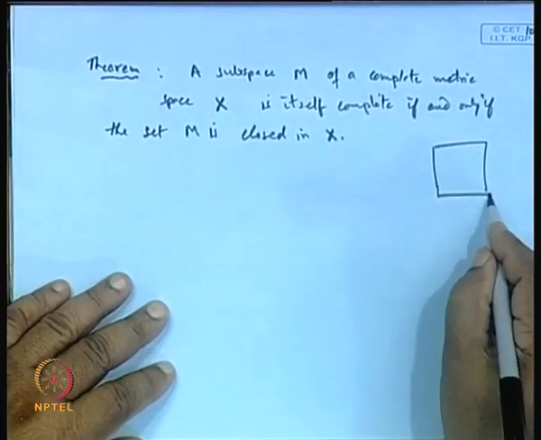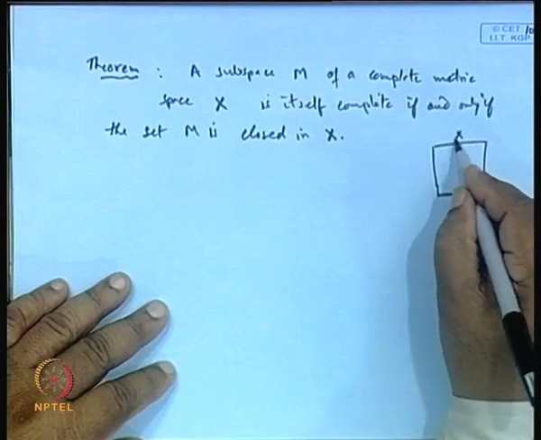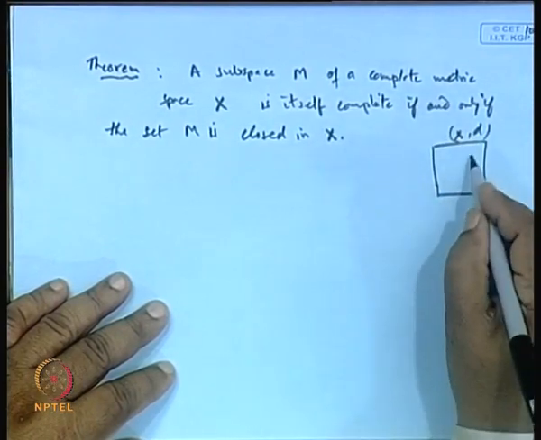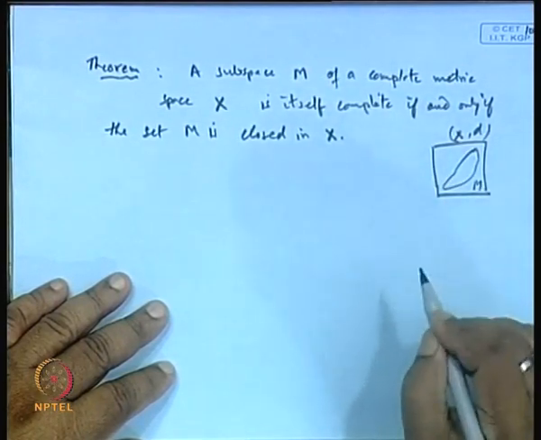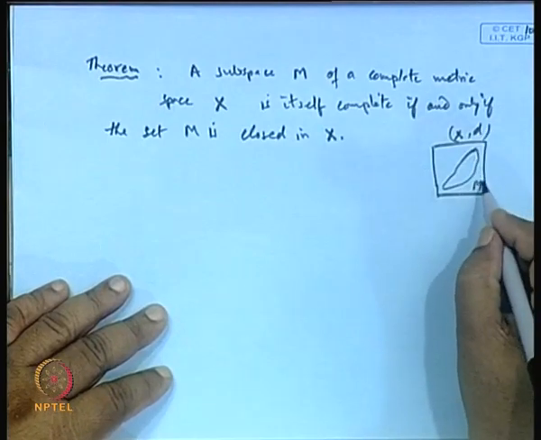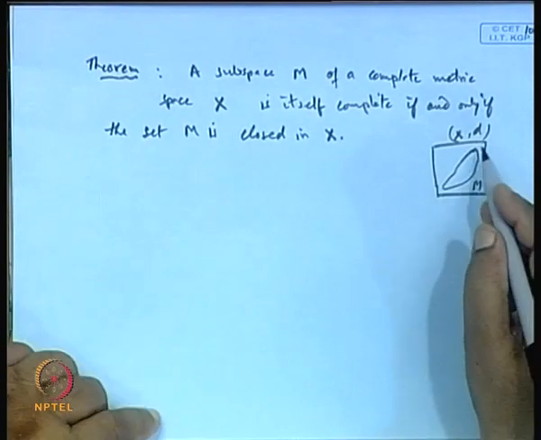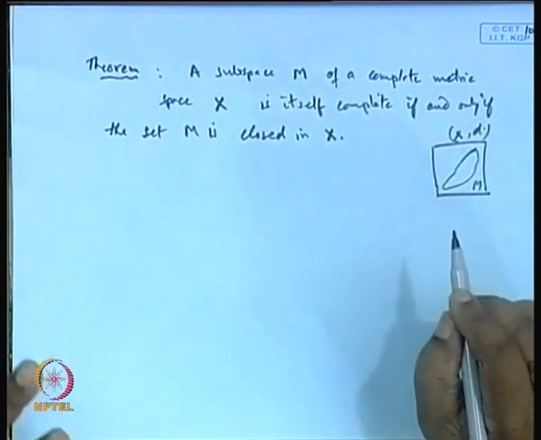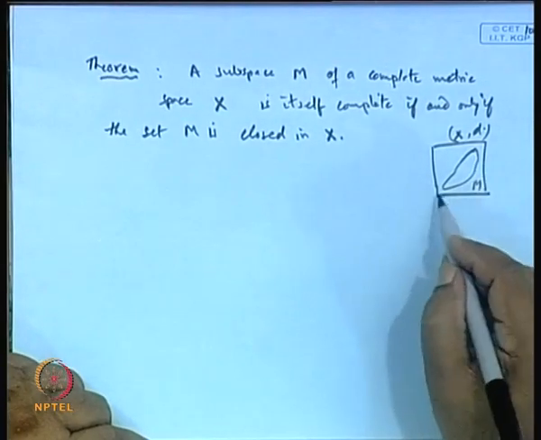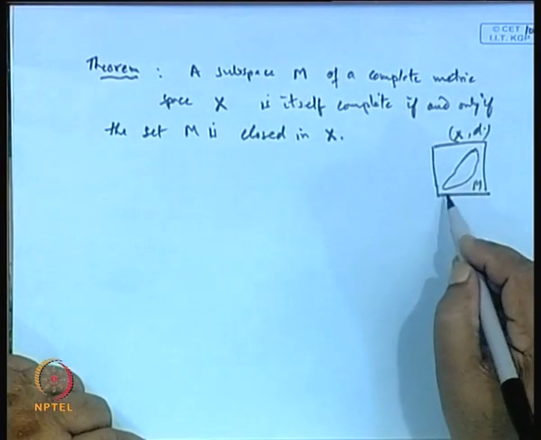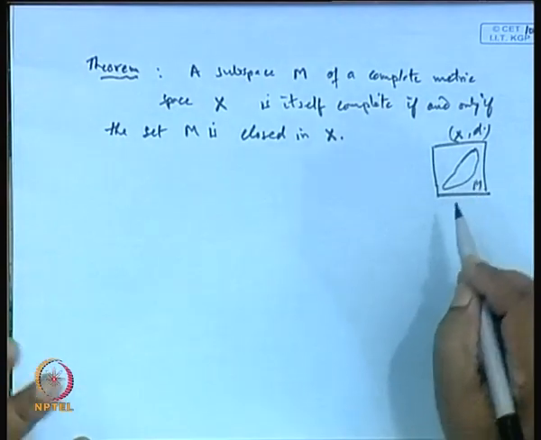We know by the definition of completeness, if (X, d) is a metric space and here is the set M, and this is a metric space under the induced metric, then we say this set M is a complete metric space if every Cauchy sequence is convergent.